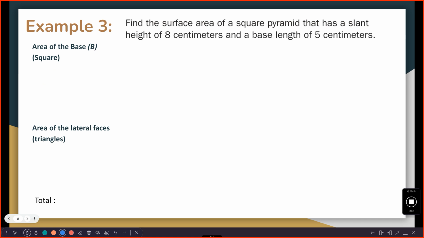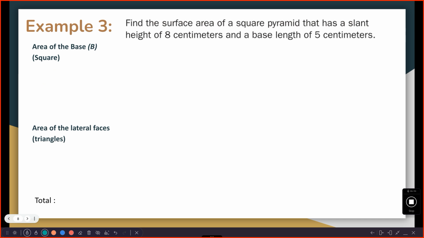All right, example 3: find the surface area of a square pyramid that has a slant height of 8 centimeters and a base length of 5 centimeters. If you are not good at drawing pictures, I'm going to help you out, but you don't actually need a picture in order to solve this.